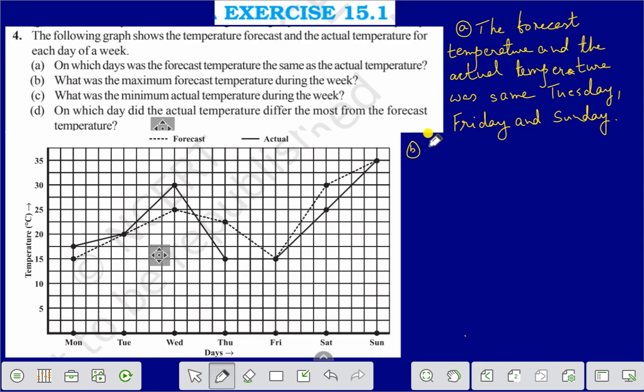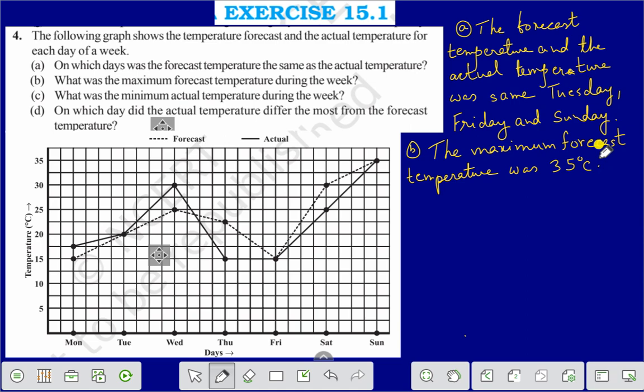Therefore the maximum forecast temperature was 35 degrees centigrade.